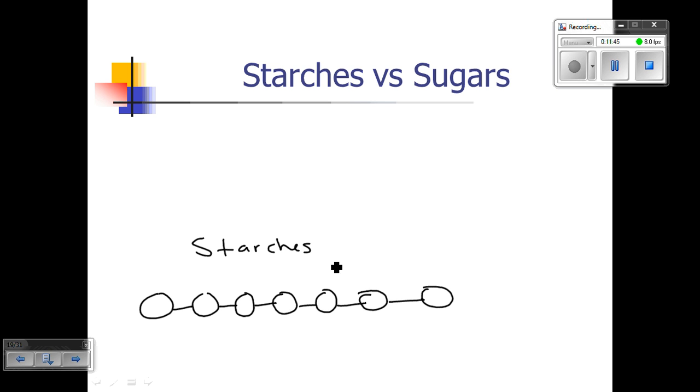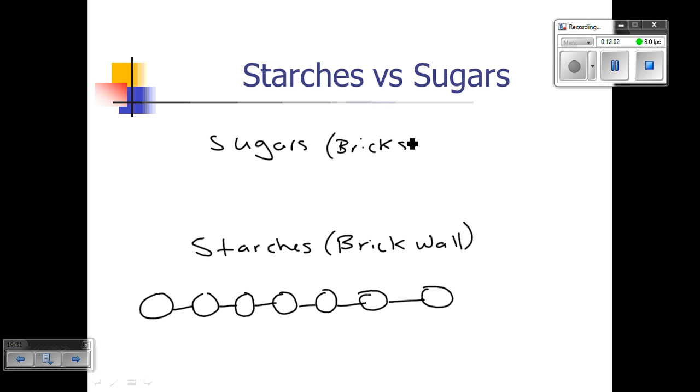What I like to think of starches are, they're like the brick wall. Okay, whereas your sugars are your bricks. You need just a couple individual sugars to add and continue to build your starch molecules.